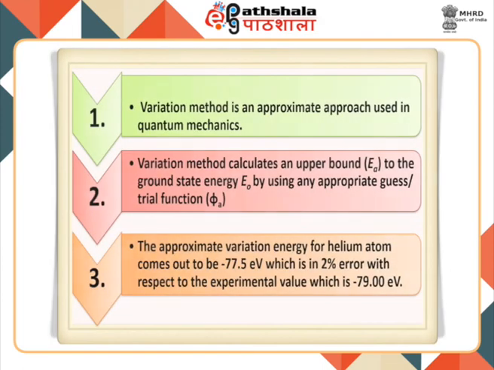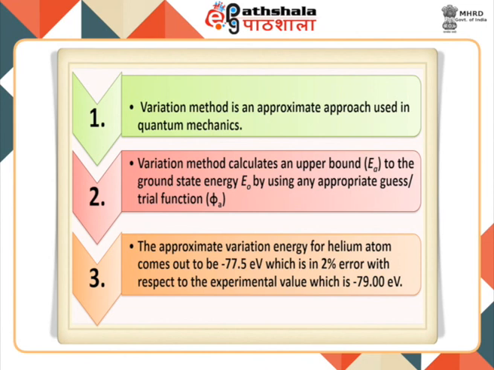Let us now summarize the entire module. Variation method is an approximate approach used in quantum mechanics to find eigenstates and eigenvalues of complex systems. In this module, we applied variation method to particle in a one-dimensional box to prove that variation method provides an upper bound to ground state energy.